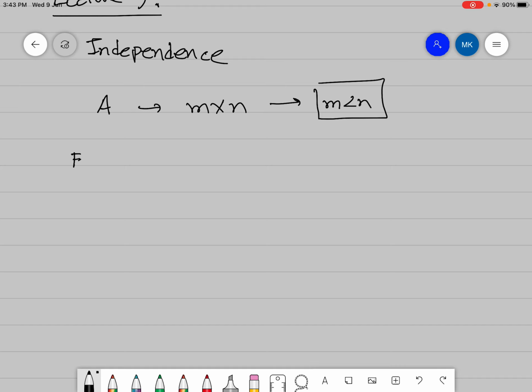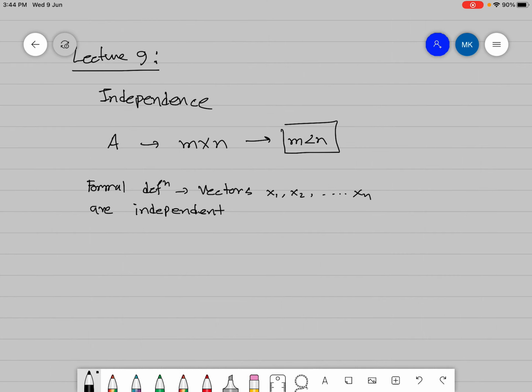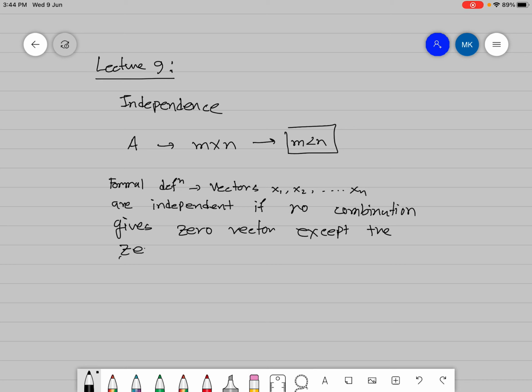So if I give you the formal definition of independence, I can say that if you have vectors x1, x2 up to xn, then they are independent if no combination gives the 0 vector, except obviously the 0 combination.